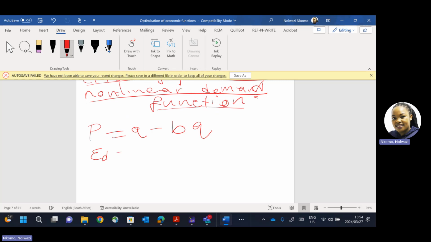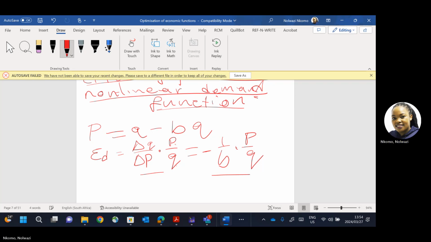The point elasticity of demand will equal the change in Q over the change in P times P over Q. And this is the same as minus 1 over B times P over Q. So to find the point elasticity of demand, if you are given this linear function, this is what you'll use: minus 1 over B times P over Q.